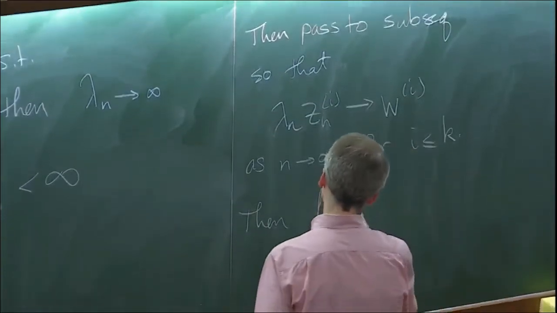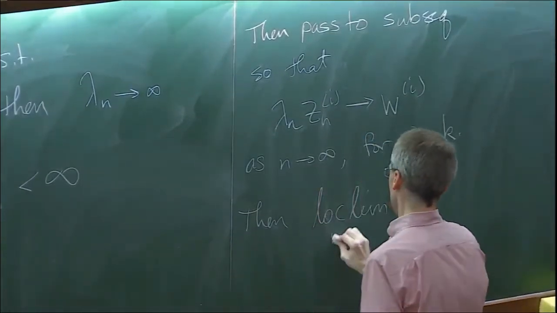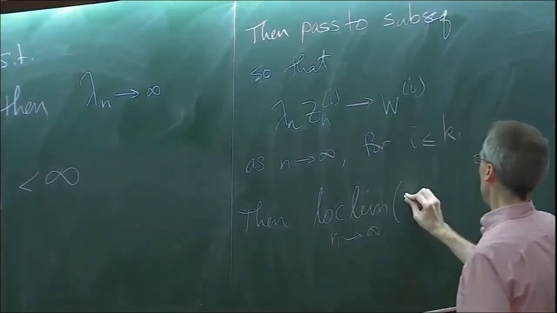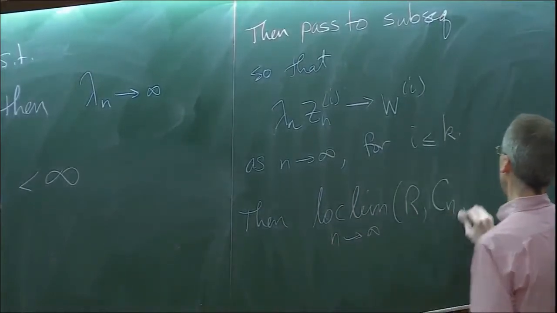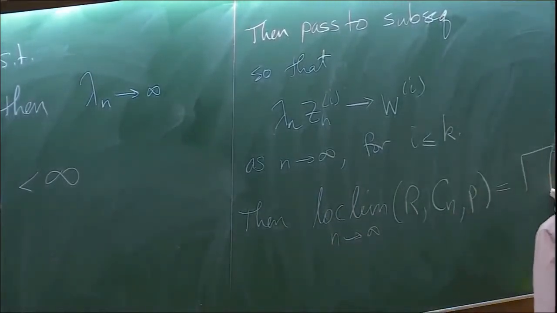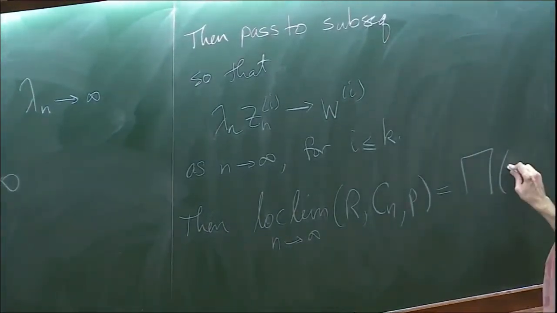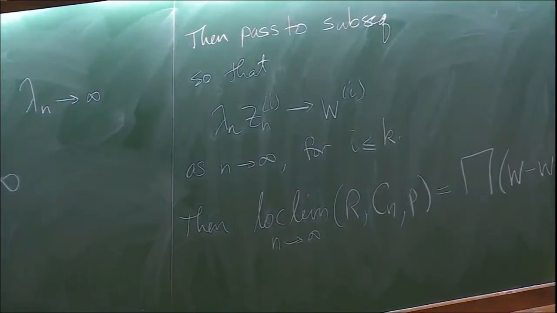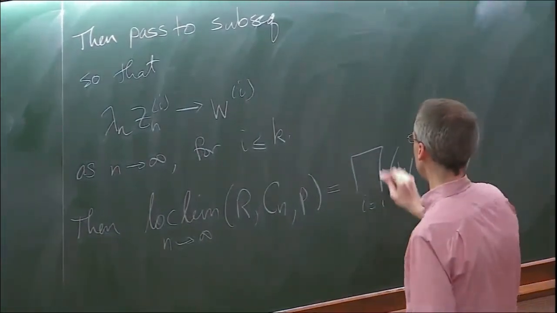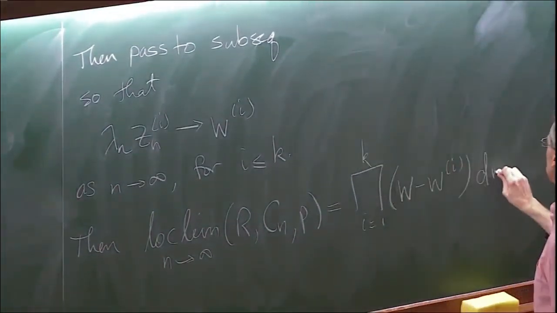Then the local limit of this sequence is just the product of w minus w_i from i equals 1 to k, dw cubed.